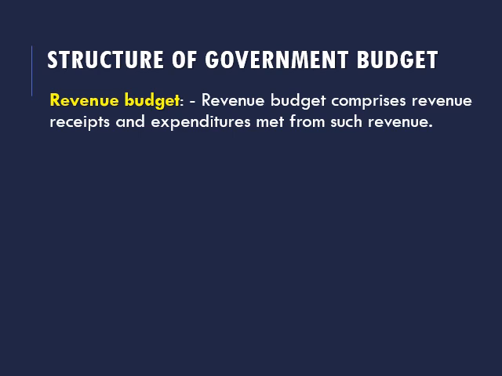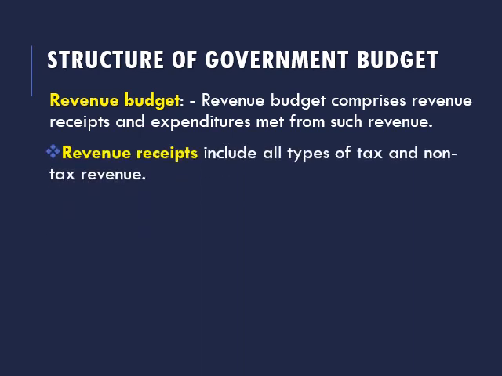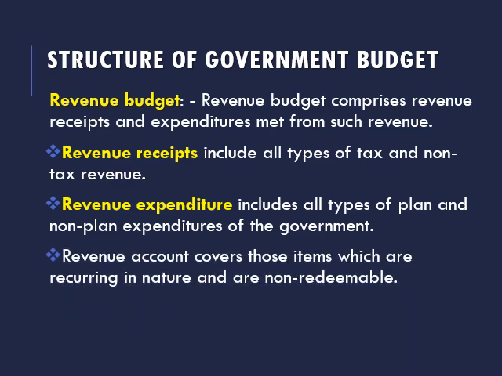Revenue budget. Now what is the revenue budget? Revenue budget comprises revenue receipts and expenditure met from such revenue. And it has two parts. Revenue receipts, which include all types of taxes and non-tax revenue. Second, revenue expenditures include all types of planned and non-planned expenditures of the government. Revenue account covers those items which are recurring in nature and non-redeemable.